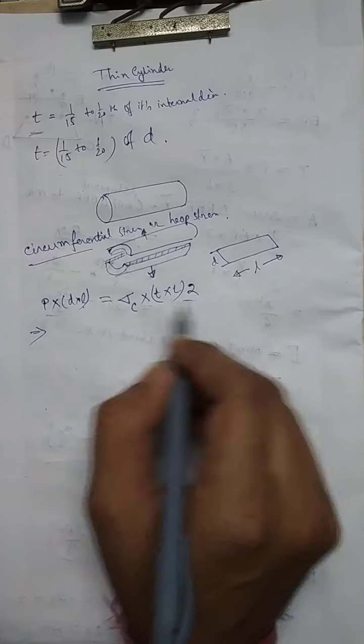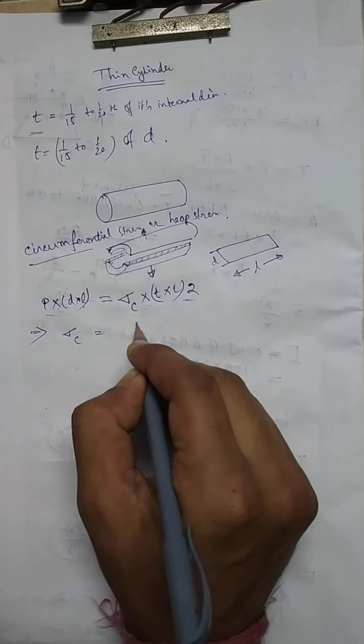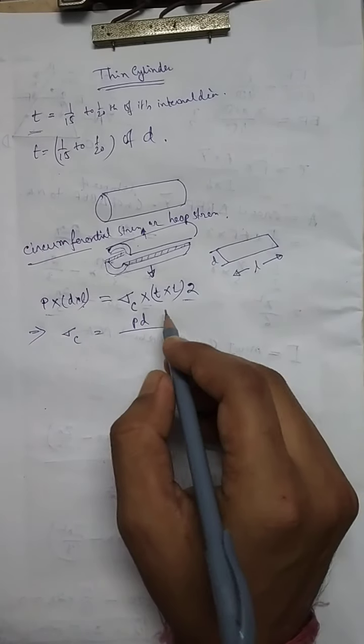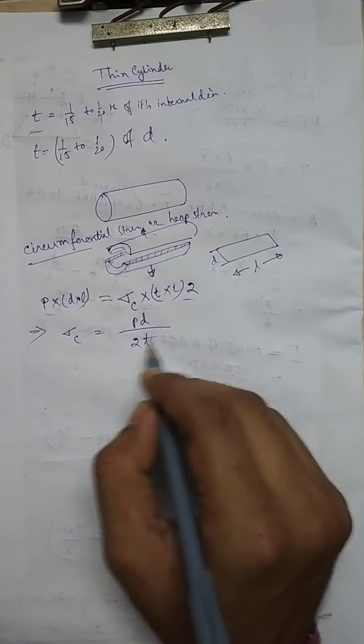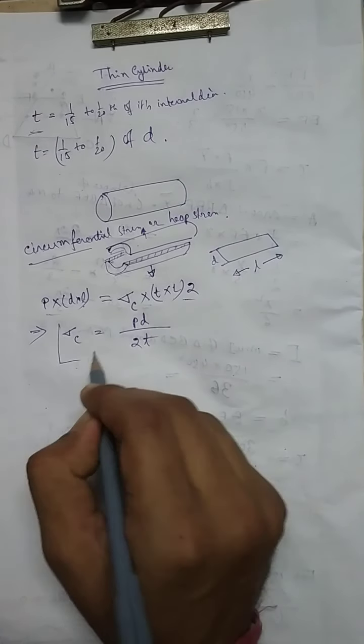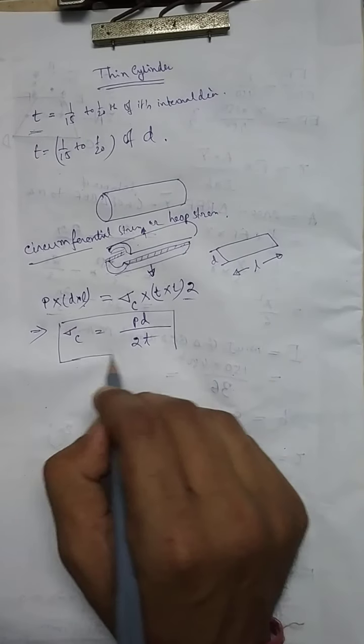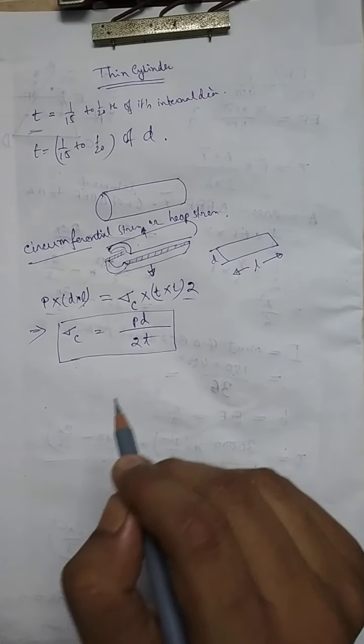Then L and L cancel out, so sigma C becomes PD by 2T. This is the expression of circumferential stress or hoop stress generated in the cylinder material.